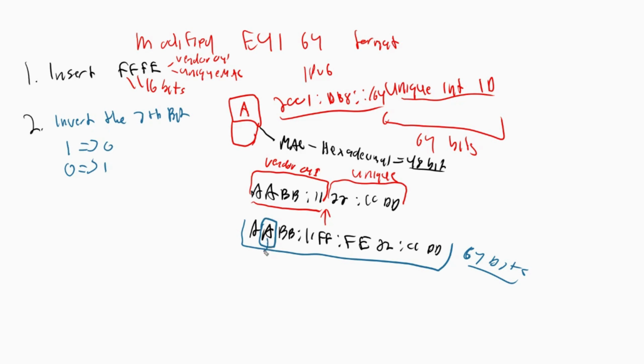Well, first, we got to take this hexadecimal digit and convert it to binary. So we have our binary positional chart for hexadecimal. A equals 10, right? Because it's a base 16 format for IPv6.